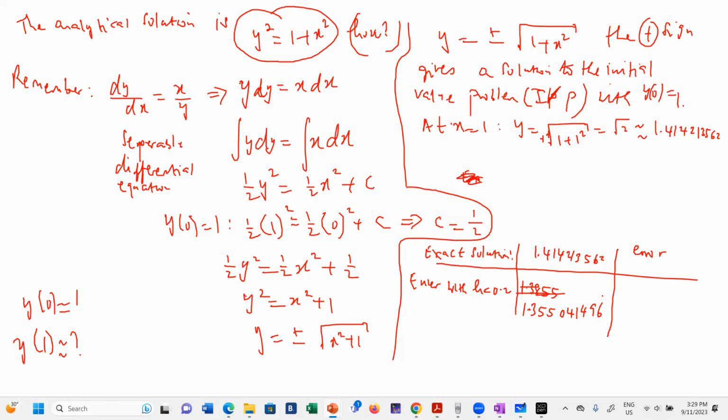The error. Right, so now let's just compute the difference between the exact and the estimate.